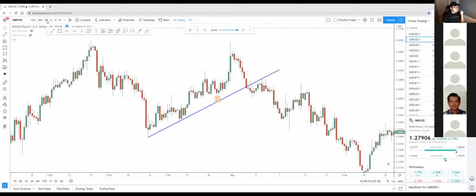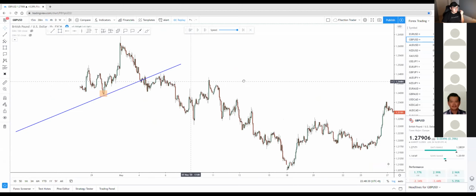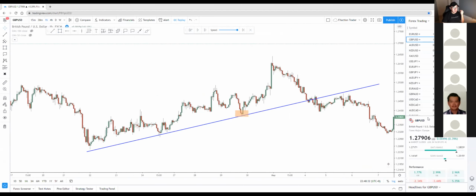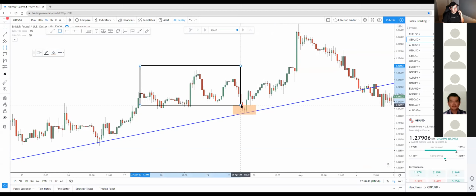So if we go to H1 here, imagine if you are trading with chart pattern. This is head and shoulder. Head and shoulder already broke out the neckline.